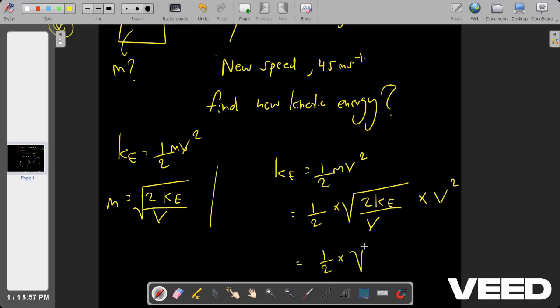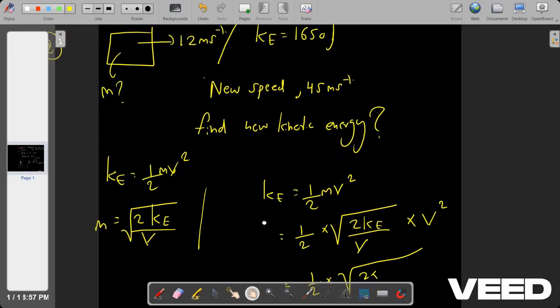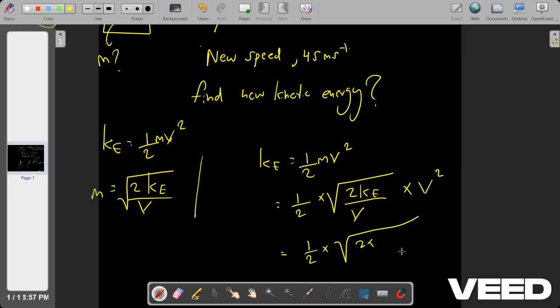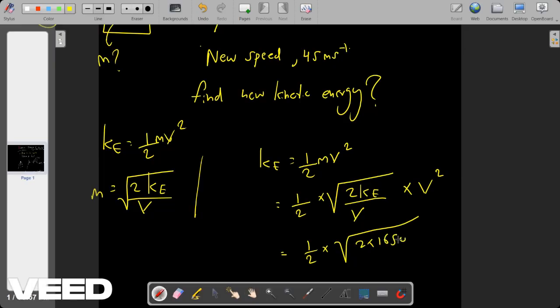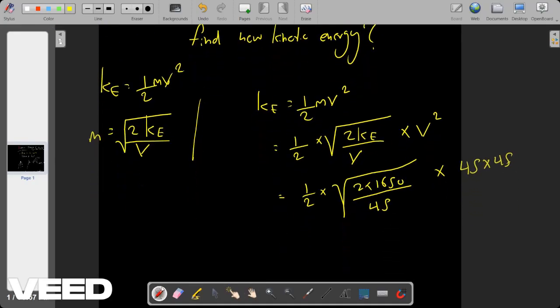Square root of 2 times the kinetic energy 1650, and the new velocity is given as 45, so inside this root 45 multiplied by 45. With this you can find the answer in joules. The kinetic energy is about 23,000.